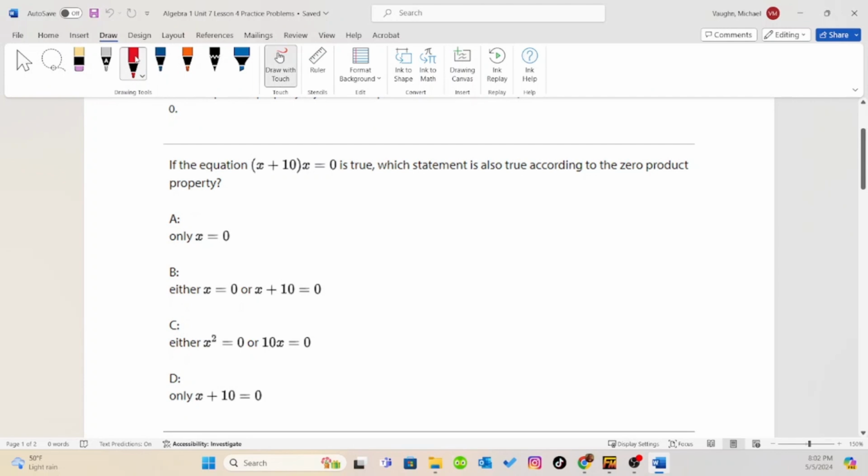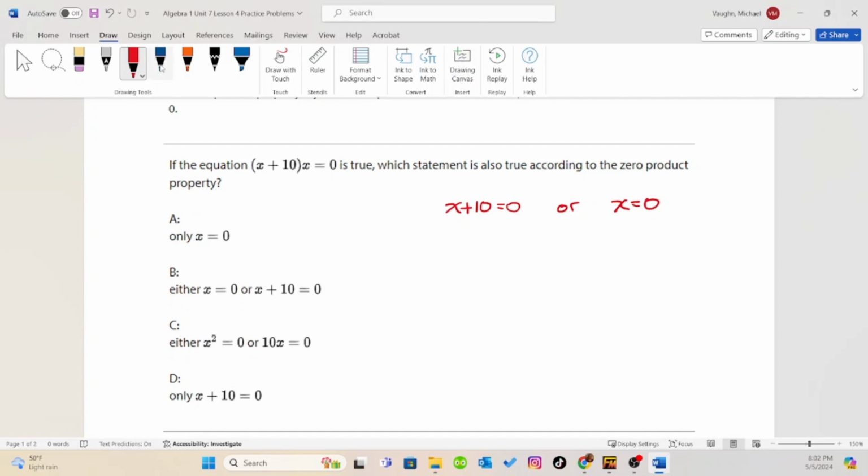If the equation (x plus 10) times x equals 0 is true, which statement is also true according to the zero product property? Well, the zero product property says that if we are multiplying x plus 10 times x, then either x plus 10 equals 0 or x equals 0.